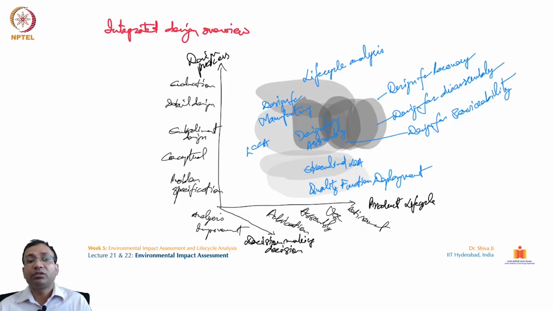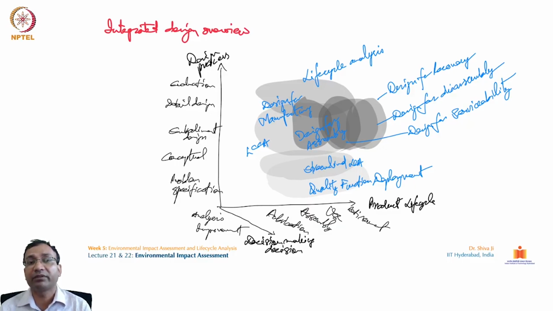So what are the tools and techniques if we want to have an environmental impact assessment in different scenarios? If we see this particular illustration over here, it talks about tools and techniques for an integrated design overview.